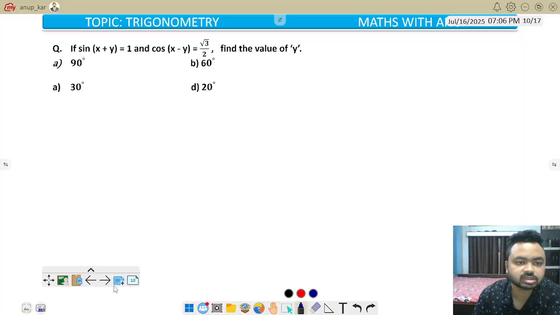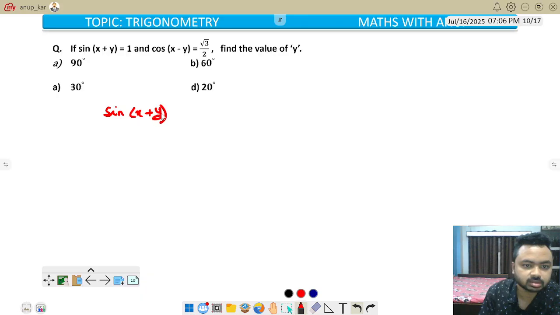So here, come to the next question. Here it is given that sine of x plus y equals 1 and cos of x minus y equals root 3 by 2.